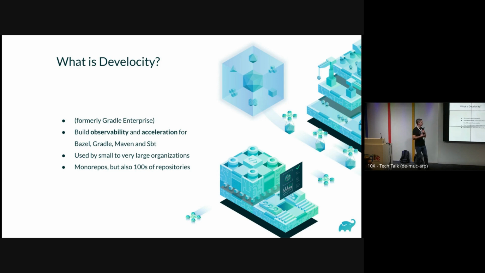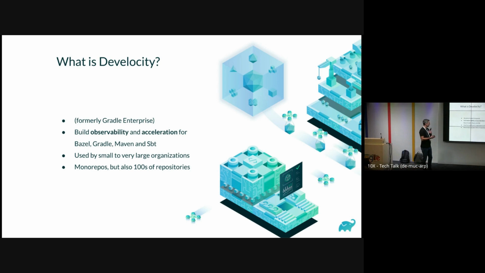This product started more than 7 years ago, and it evolved into a platform for observability and build acceleration, growing out of the pain and difficulty of Gradle users of understanding and optimizing their builds. It's already deployed at many customers, small and large, from teams of 20, 30 people to 1,000 people like Airbnb or Netflix.